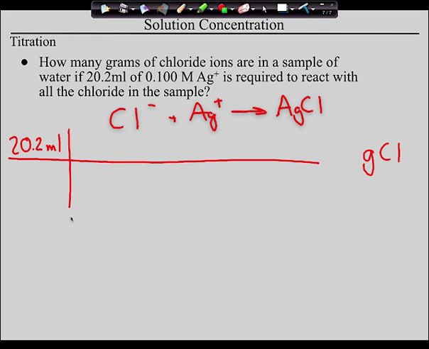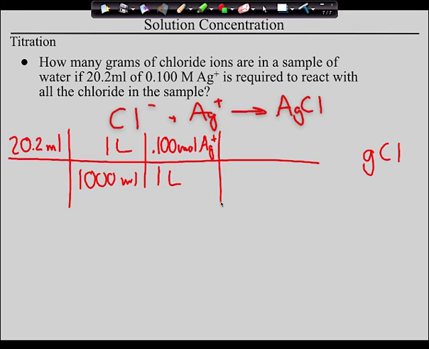So now let's start solving this thing. We're going to go milliliters to liters because that always feels like the right thing to do. But guys, that is liters of our silver solution. So now where can we go from there that would get us closer to a mass of chloride? Liters to moles, because 1 liter of this solution has 0.100 moles of silver ion. Now we're in moles of silver ion.